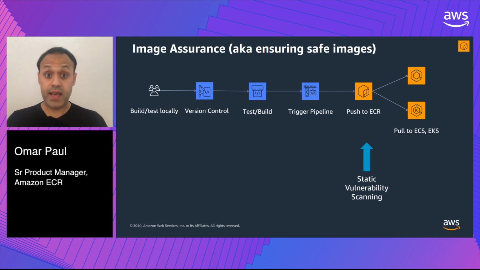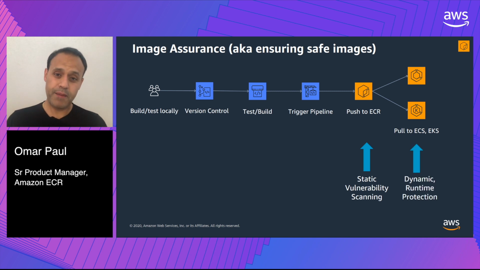ECR scans for operating system vulnerabilities and CVEs, so this lets you not worry about setting up your own scanning infrastructure or paying third-party licenses. The second aspect is dynamic scanning or runtime protection, which executes in a runtime environment, so you can identify vulnerabilities during QA, in production, and zero-days that occur after you've deployed.